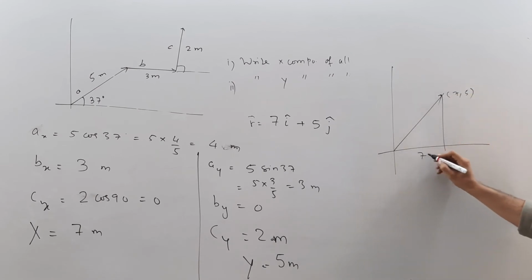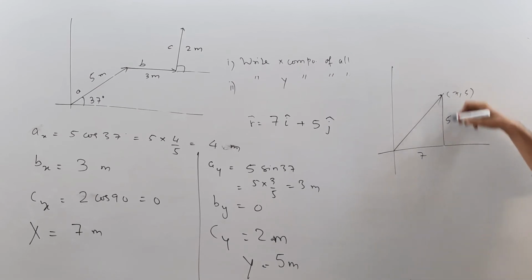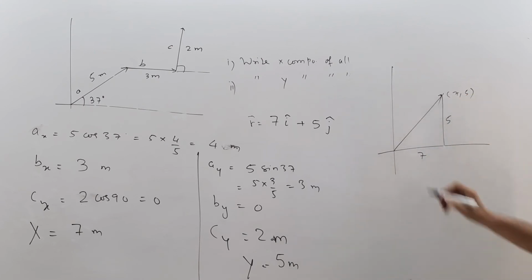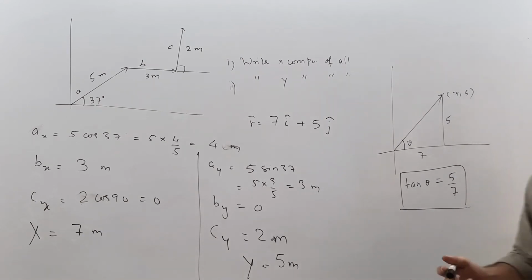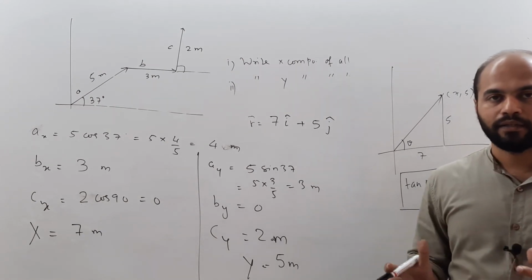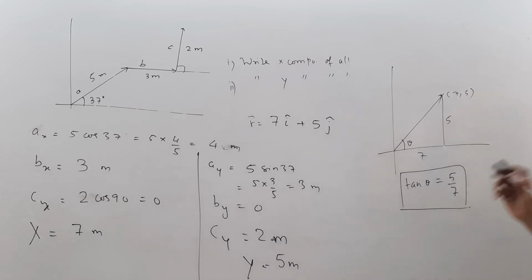So this is 7 and this along y is going to be 5 units. So theta, tan theta can be found out as 5 by 7. This is the angle. So in this way we can find components of x and y, and we can find out the entire vector. Also we can find a direction from this.